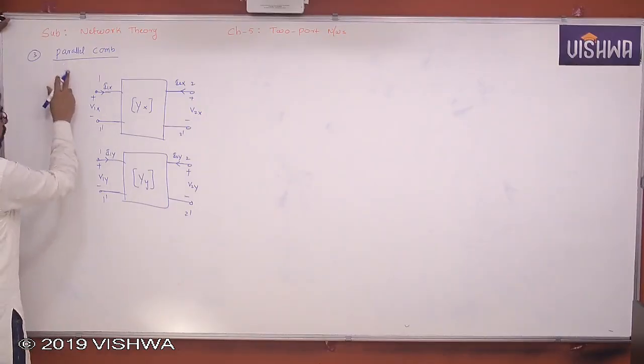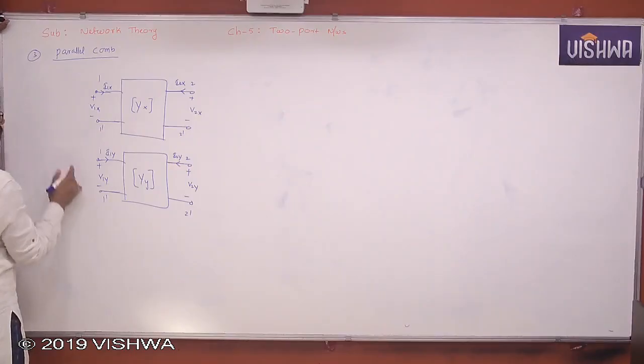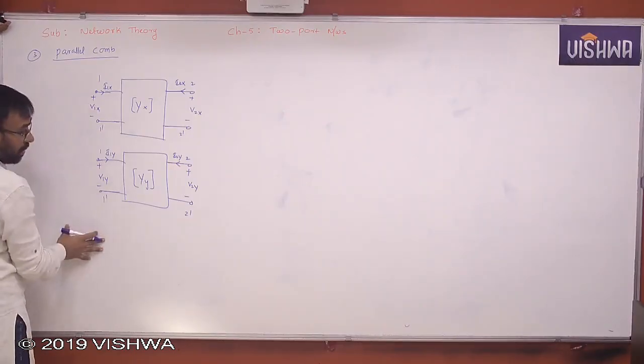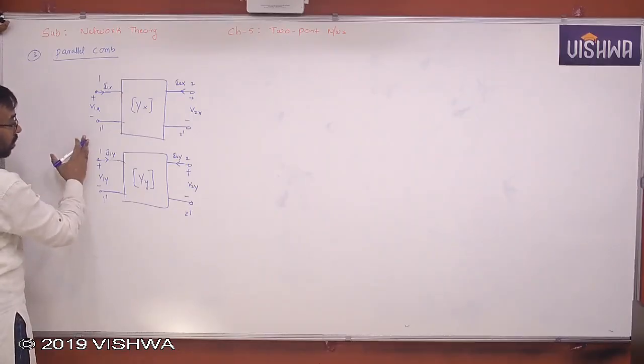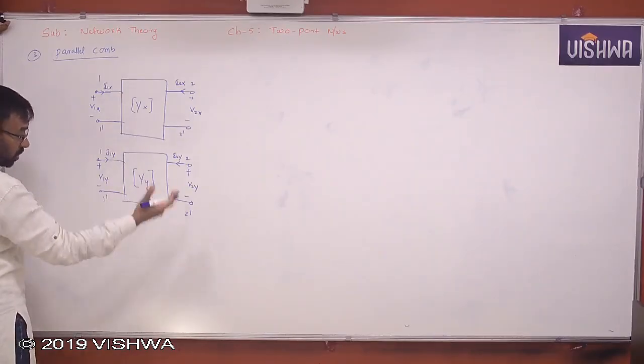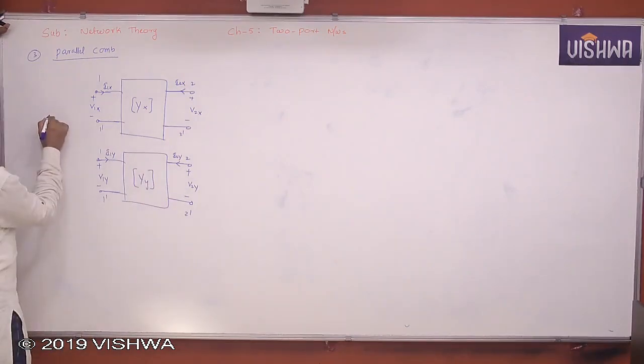So two-port networks are connected in parallel. They are said to be in parallel if the same voltage is appearing across both the two-port networks, both on the input port side and the output port side. Yes or no, all of you? So let me take something like this, 1 dash.